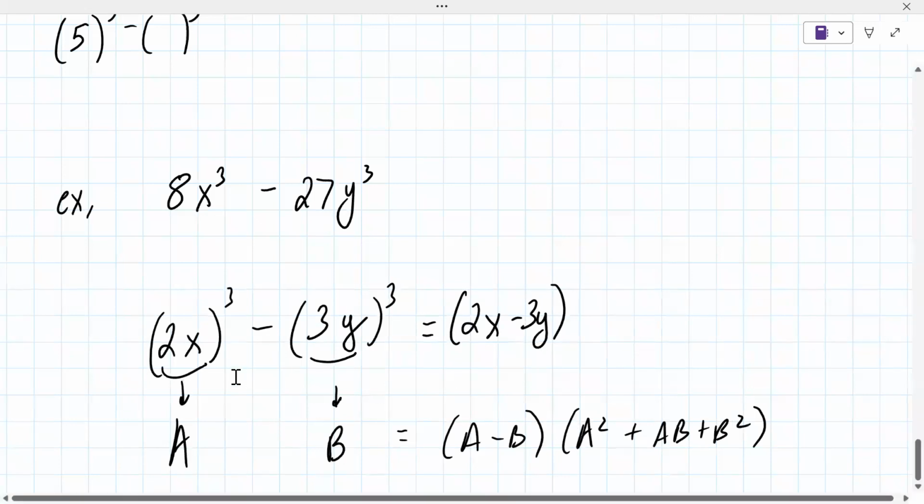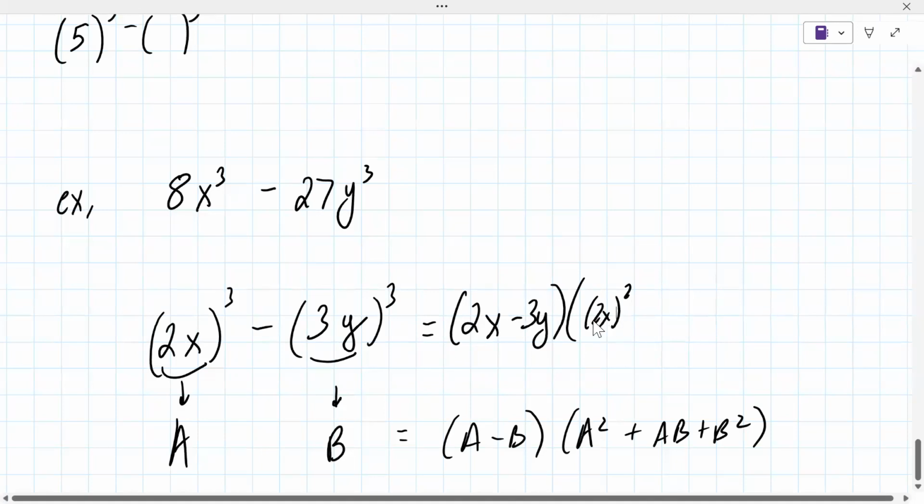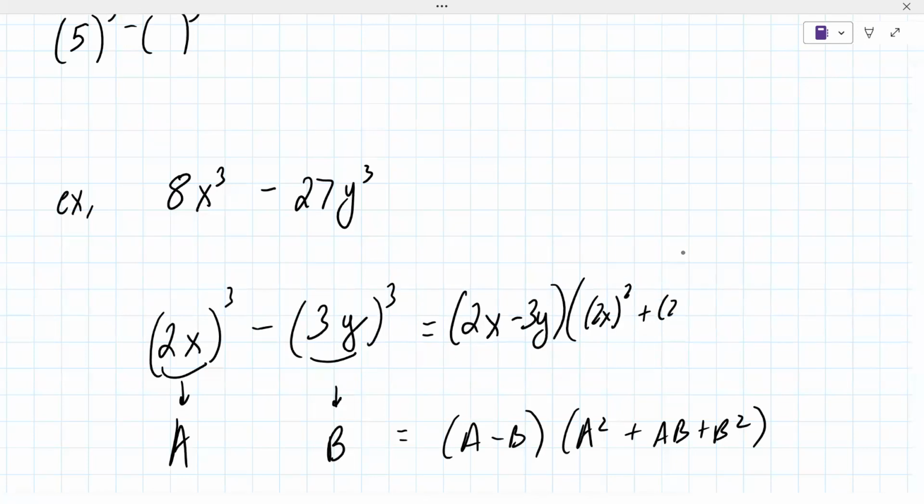But this time, A is more than just one thing, so you're squaring the 2x. So the 2x is in parentheses now, squared, plus 2x times 3y, you're multiplying those, plus 3y squared.